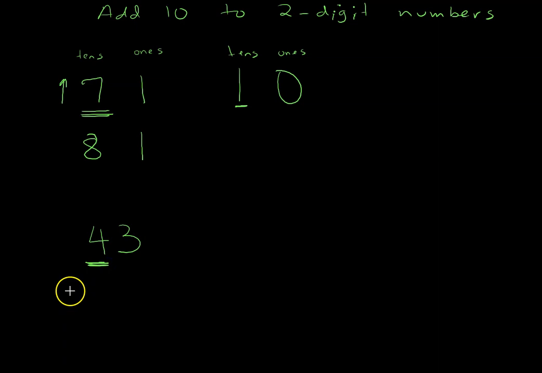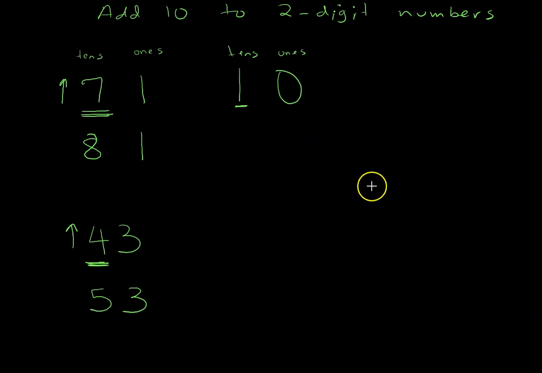And because we're adding 10, notice that 10 is 1 and 0. So that means that this number 4 is going to increase by 1. It's going to get bigger by 1. So that is going to be 5 and 3. So your number here is 53.